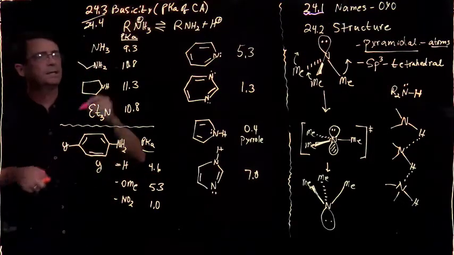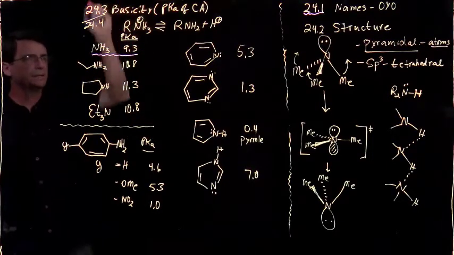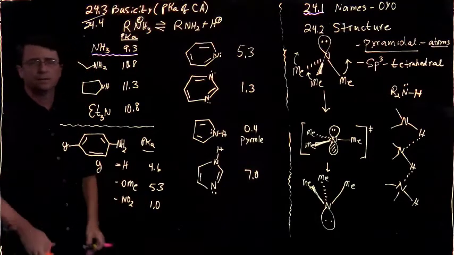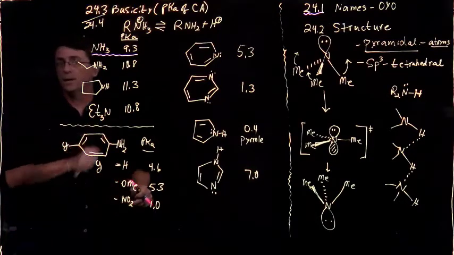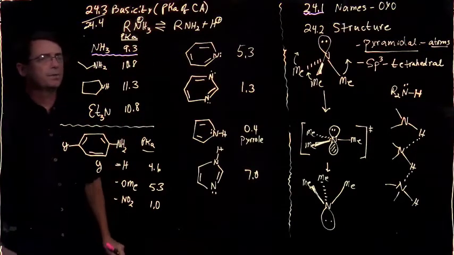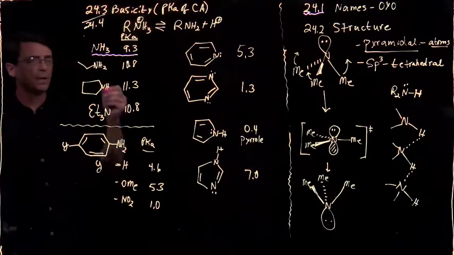So the baseline here, of course, is ammonia. Ammonia as a base. The pKa, I've just rounded these off to 1 digit. Your textbook has them to 2. You can look it up if you need that third significant figure. 9.3 for ammonia. As we add alkyl groups, we'll see that it becomes more basic.